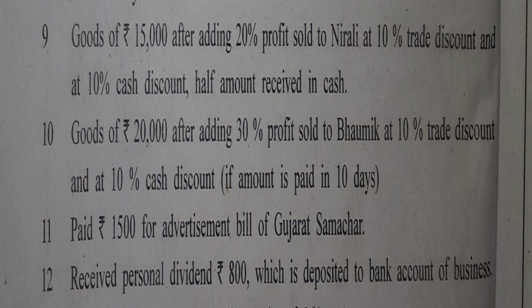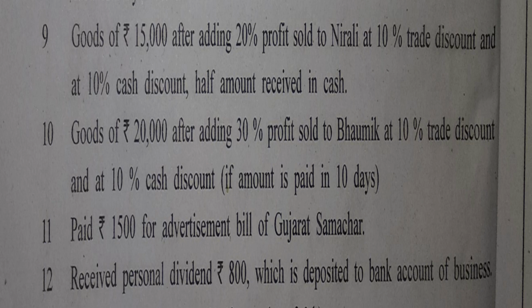They say goods of rupees 20,000 after adding 30% profit. Firstly, 30% of 20,000 is what? 3 twos are 6. So it is 6,000 rupees firstly. So 20,000 plus 6,000, 30% profit, so this is 26,000.